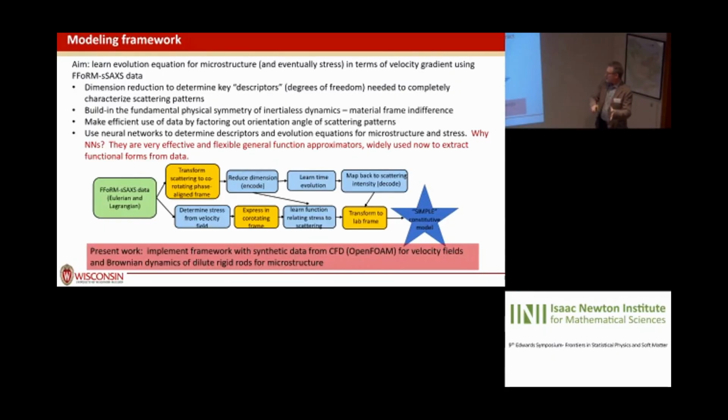So we're in the process now of basically transferring that framework that we set up for synthetic data and using it on real data. Okay, so just keep in mind, whenever I say data from here on out, it's data in the sense of simulations, okay?